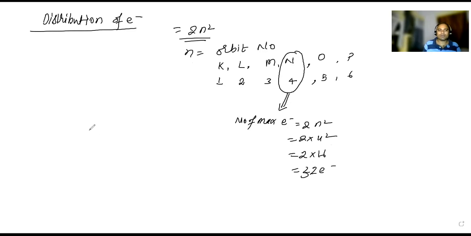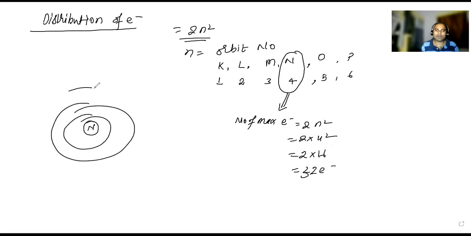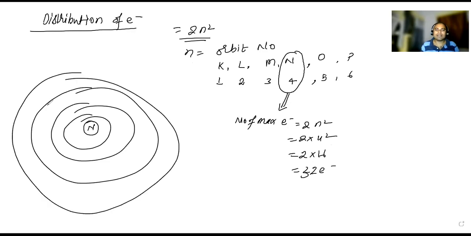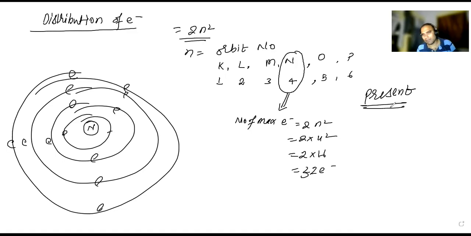Now, up to Bohr's model, they said that circular orbits are there, and in these orbits electrons are there. But in the present time, when the mechanical model, or you can say the modern concept, came, where are electrons present?